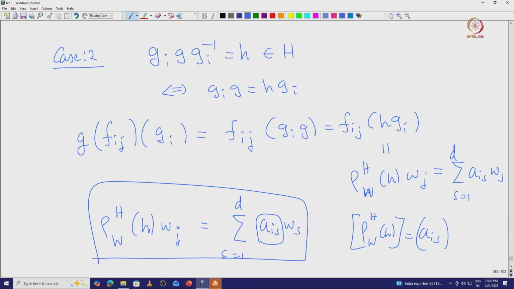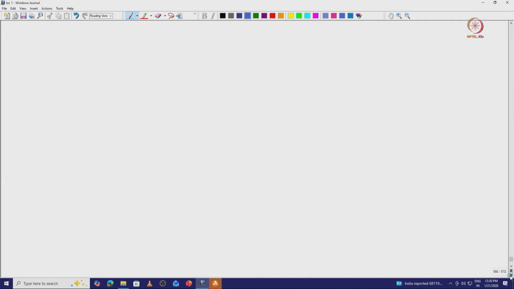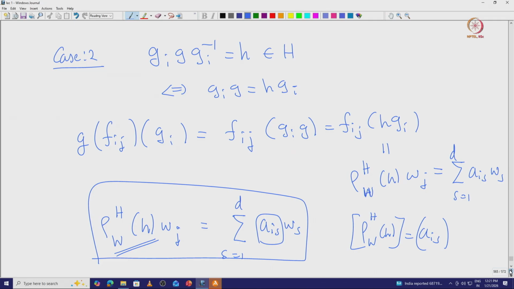So, now there is a close relationship between Aij and this matrix. What will be the diagonal thing that we will be interested in? Let us look at the contribution of this Aij, which is indeed calculated from the action of h on W. Now if you are interested in the trace of rho g, we are actually interested in computing the trace.